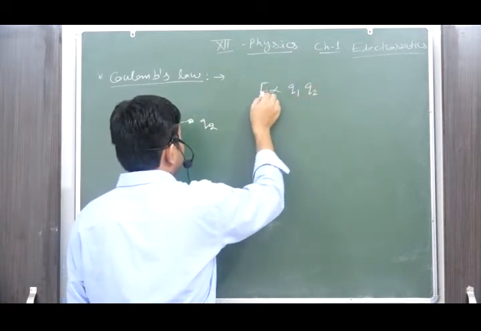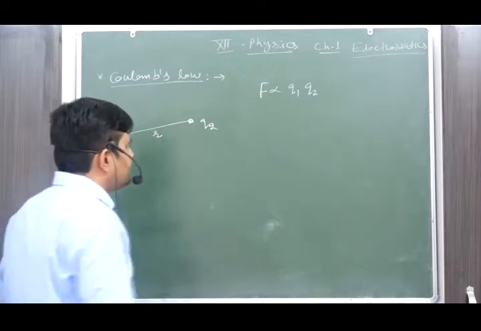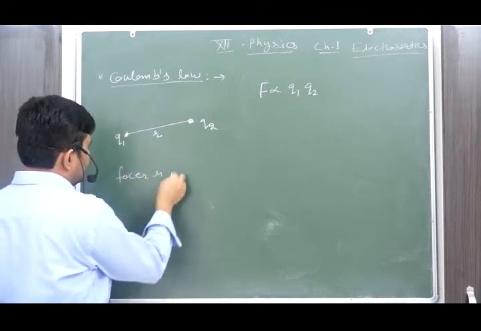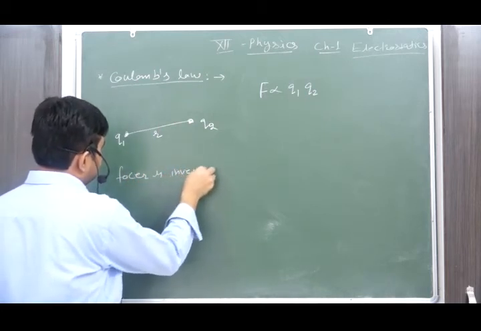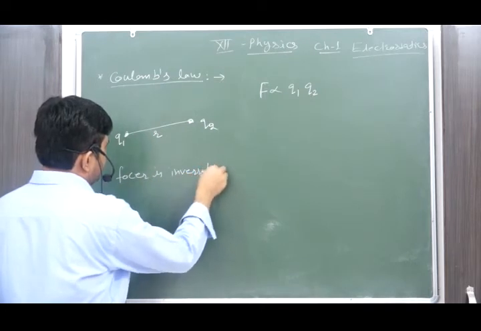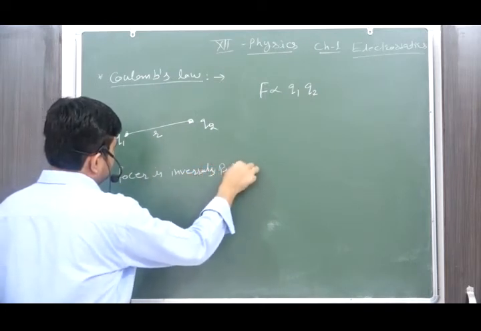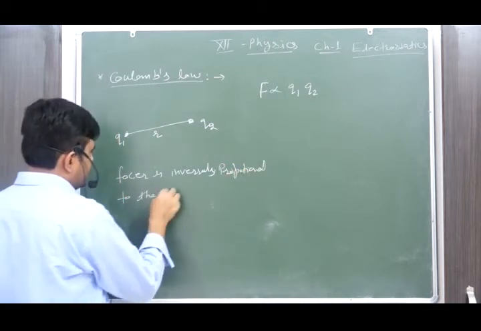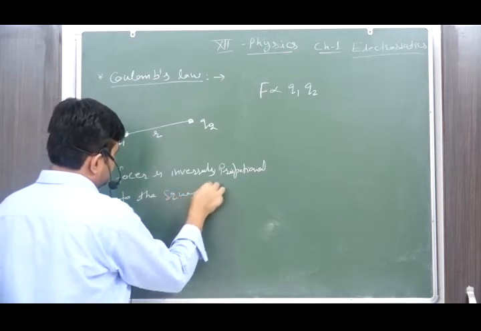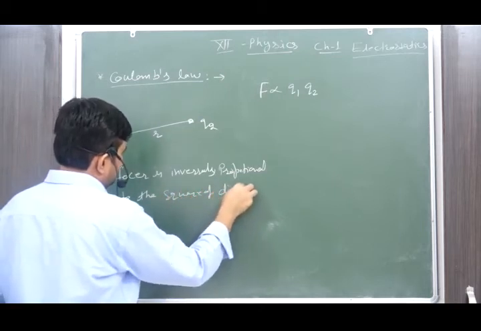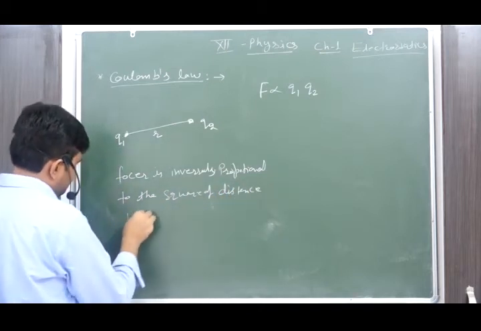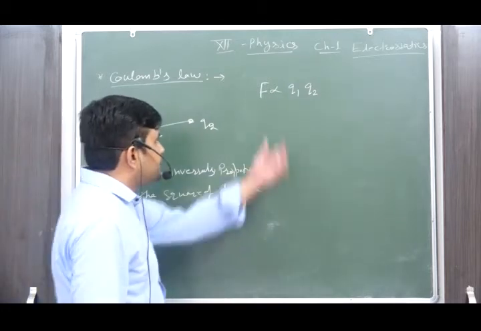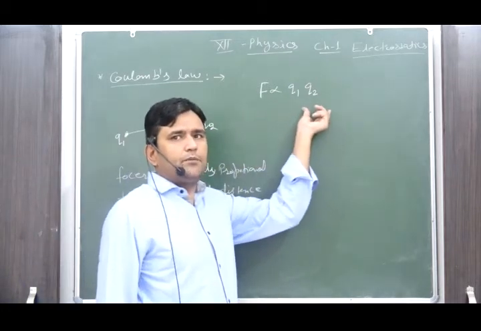In the next formulation, this force is inversely proportional to the square of the distance between them. It means the first formulation is F directly proportional to Q1 Q2.